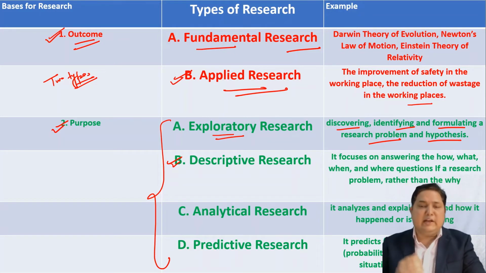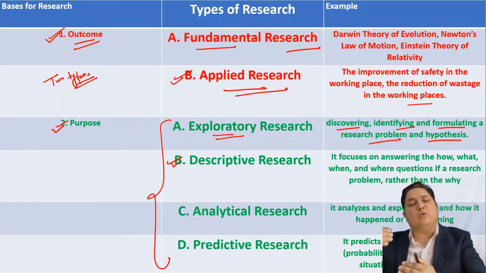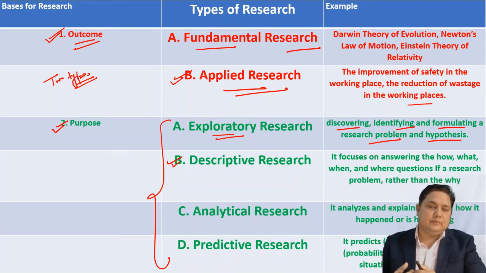Suppose there is a use of more social networking sites: is there any impact of this on student learning, on students' outcomes in terms of their performance? Yes or no? We want to analyze these things, hypothesize these things, then test this hypothesis. So analytical research is going to give me the answer of why and how also.